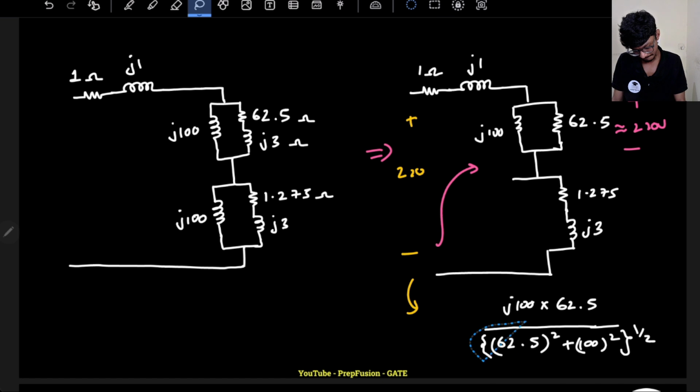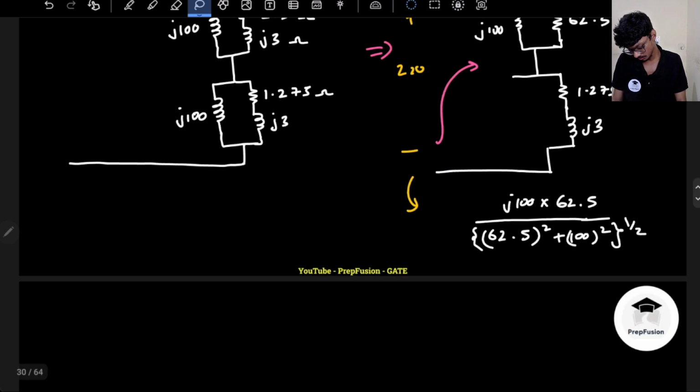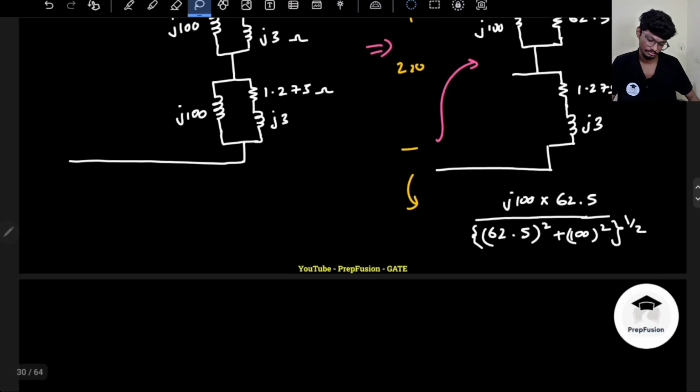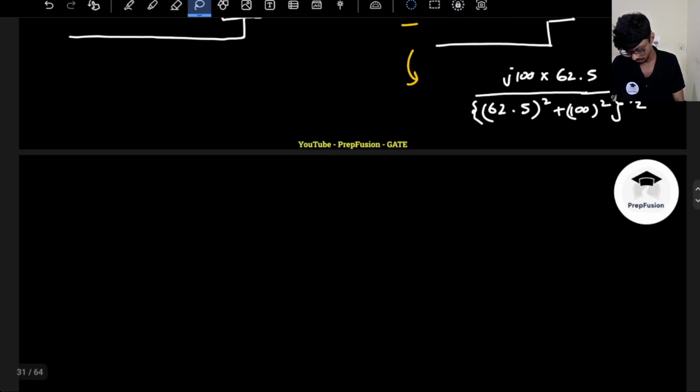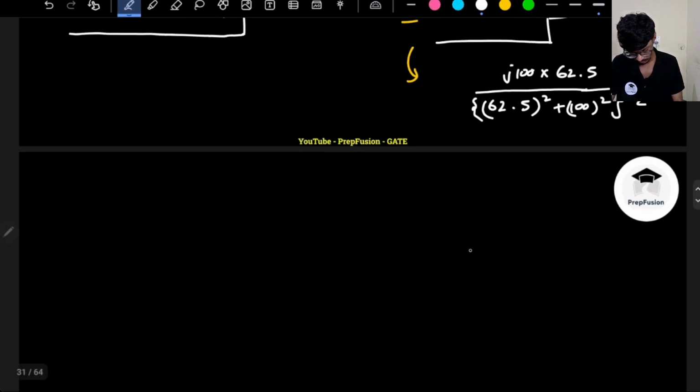Okay, so yeah, now what will be the value here? So this will be square root of 62.5 squared plus 100 squared. So this comes out 117.924, and the numerator will be 62.5 into 100. So this will be 6250.